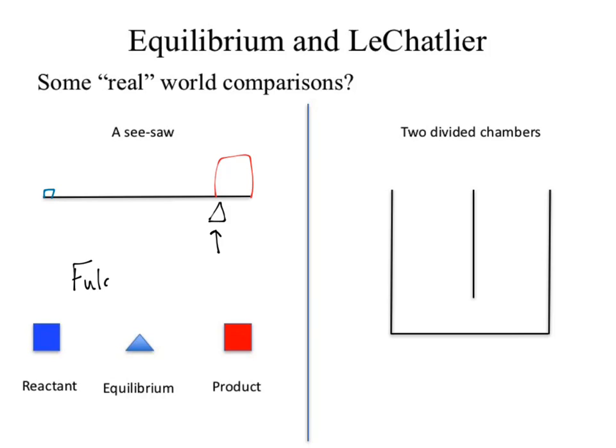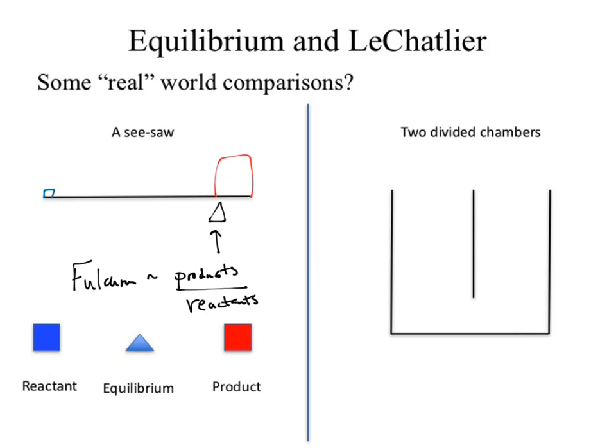So if I look at where my fulcrum is located, closer to products than reactants, mathematically I could say products over reactants. If I have a lot of products and very little reactants, the number that I get will be closer in value to the products than it will be to the reactants.